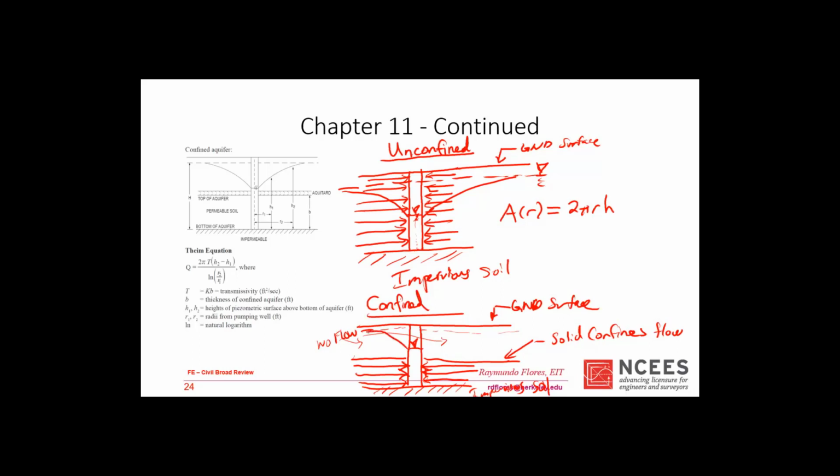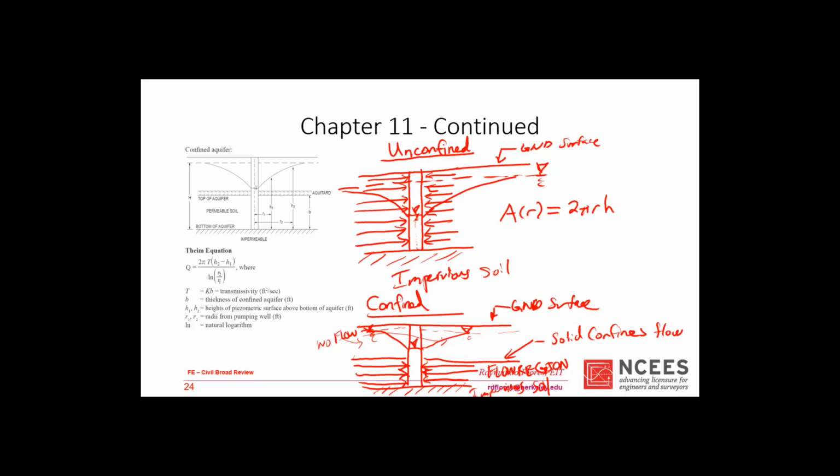In other words, it would have to taper off like that. Even though the water table is above where you have flow, even though you have the flow here and the water table is above the flow region, this is the case.